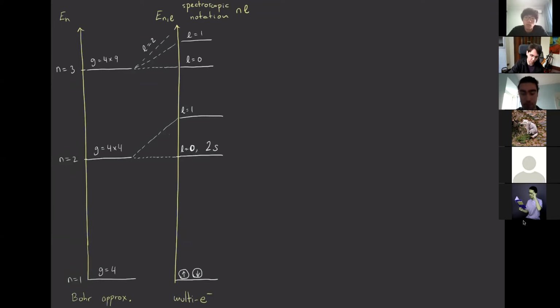L equal 1 we call P, and therefore we call this energy level 2P, so n equal 2 and P means L equal 1.